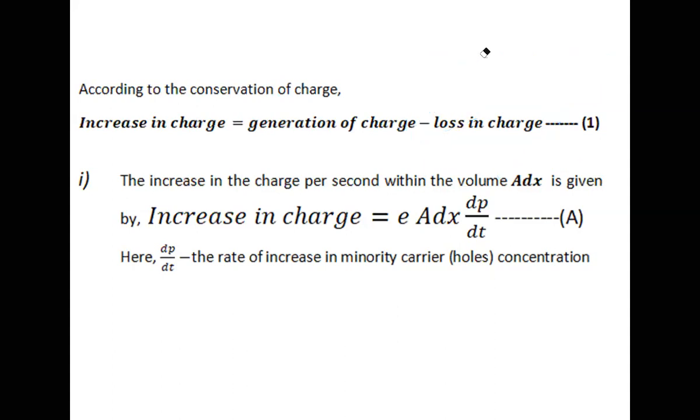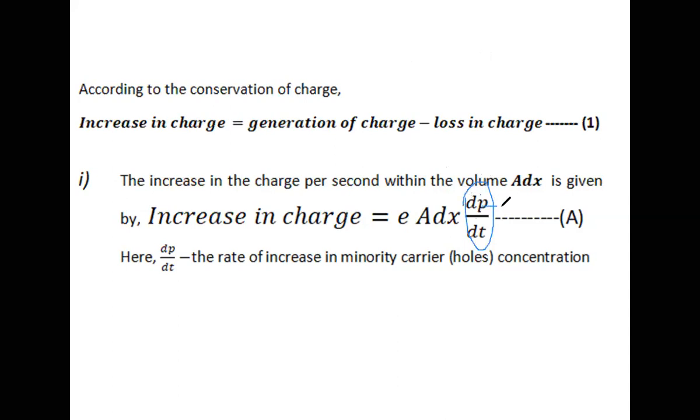This is about the introduction to the n-type semiconductor and why I have taken the minority carriers for considering the conservation of charge. Now let us consider dP by dt.